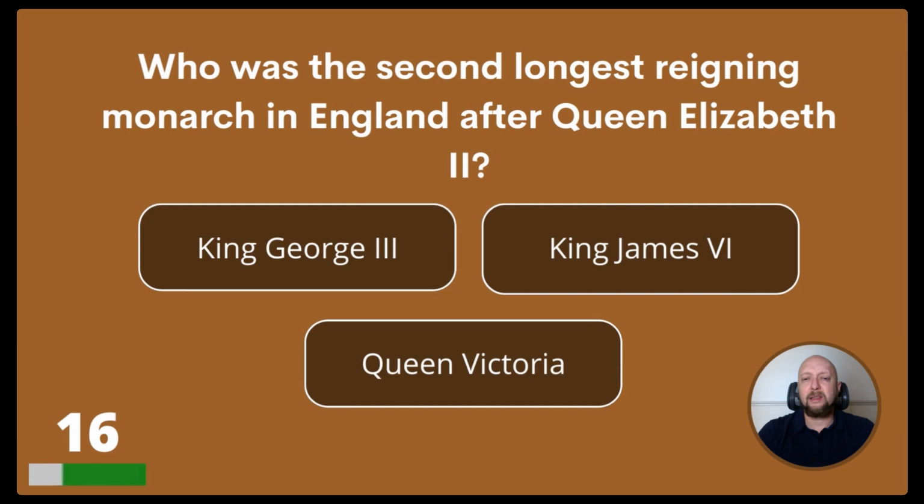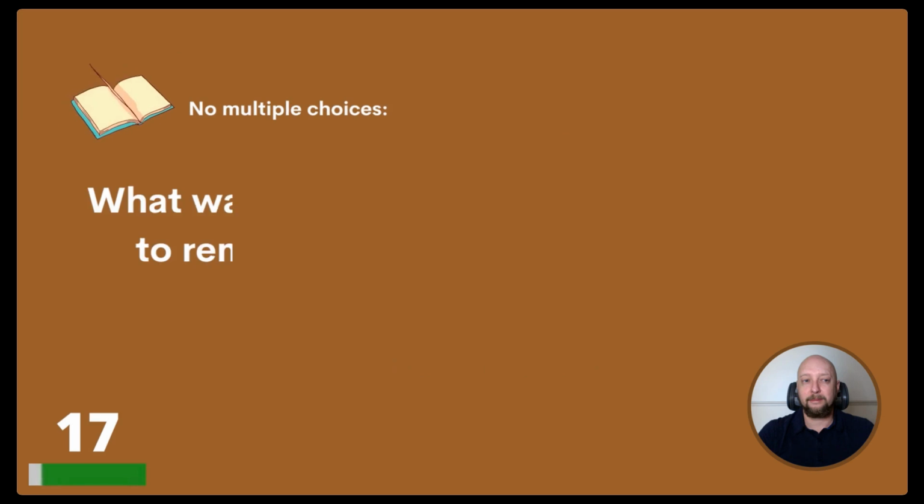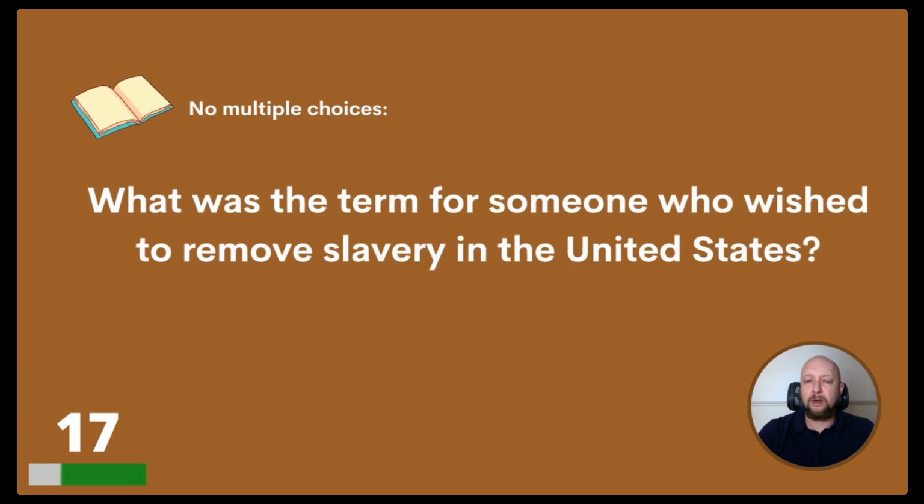Who was the second longest reigning monarch in England after Queen Elizabeth II? King George III, King James VI, or Queen Victoria? Answer is Queen Victoria. What was the term for someone who wished to remove slavery in the United States?